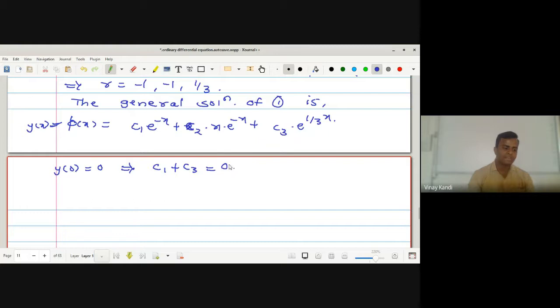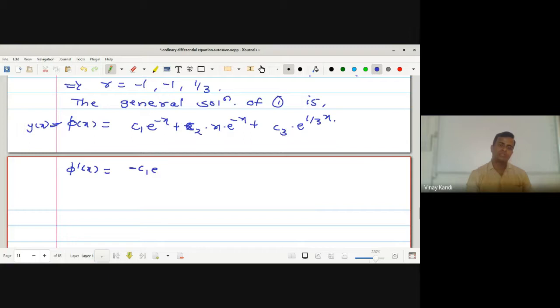Okay, wait a minute, don't leave it like that. First find y' and y''. Okay, find y' and y''. Now y'(x) is equal to what?